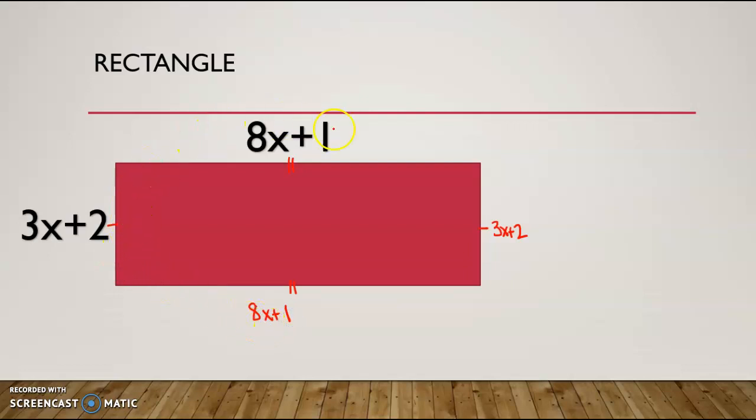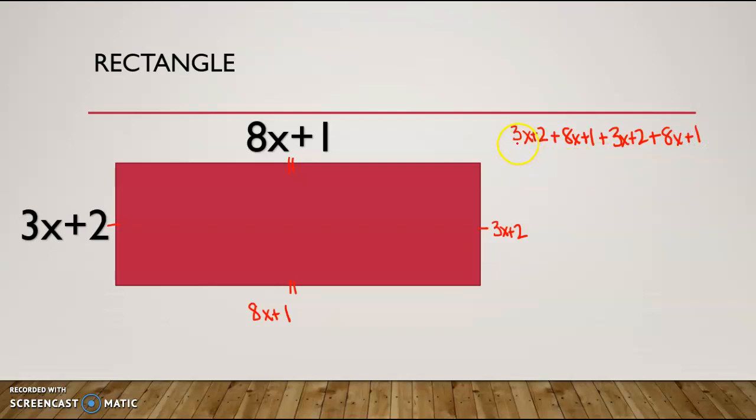So if I wanted to find the perimeter, I would add up all these sides. So I have 3x plus 2 plus 8x plus 1 plus this side, 3x plus 2 plus this last side, 8x plus 1.